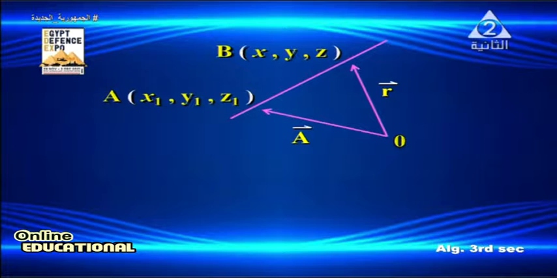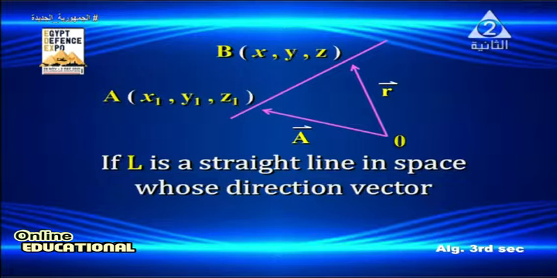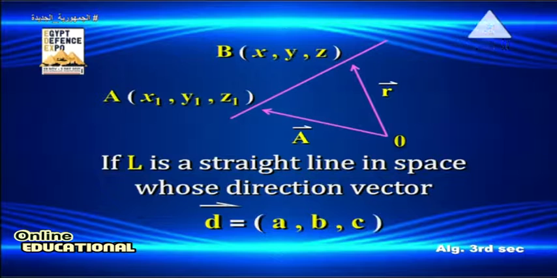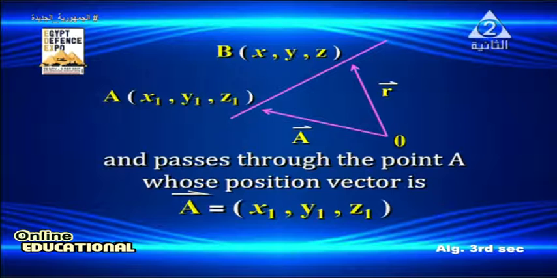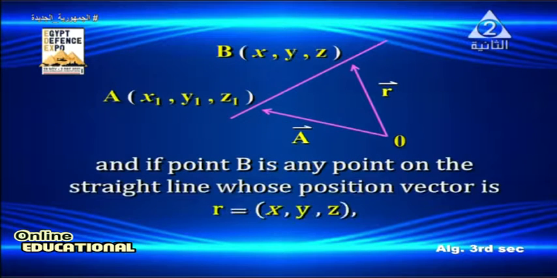Look, my dear student, we have L, a straight line in space whose direction vector is D vector with components A, B, and C. It passes through the point A whose position vector is x1, y1, z1, and the point B, any point on the straight line, whose position vector is r, with coordinates x, y, z.